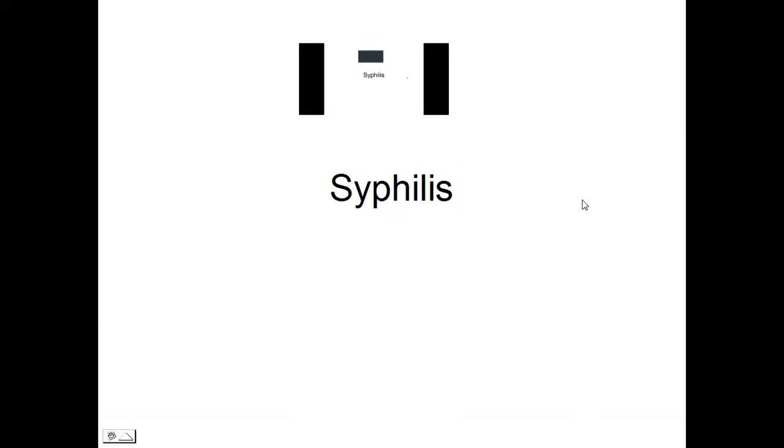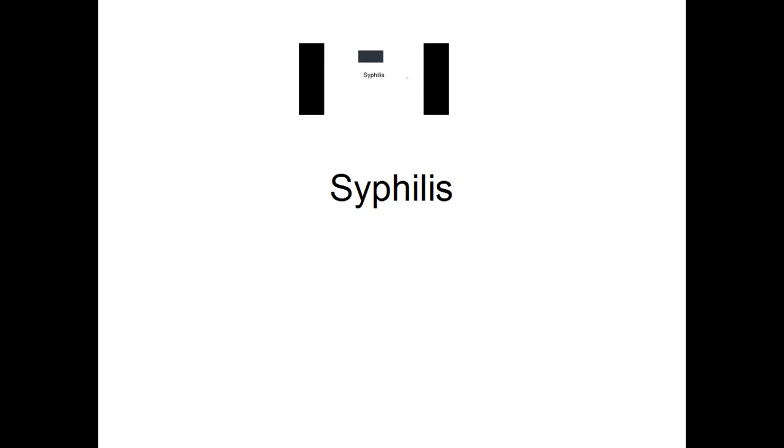Syphilis is caused by an organism called Treponema pallidum, which is a motile organism. Syphilis is a disease with multiple stages, 3 or 4. Primary syphilis is the genital ulcer presentation. Secondary syphilis has a variety of systemic and generalized symptoms, and then tertiary syphilis.